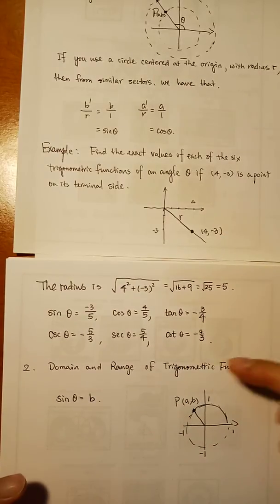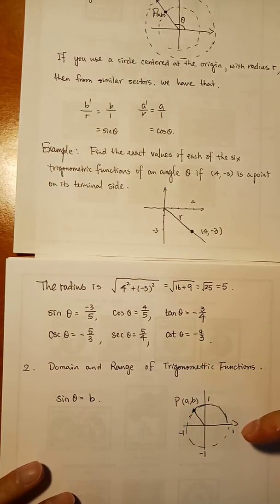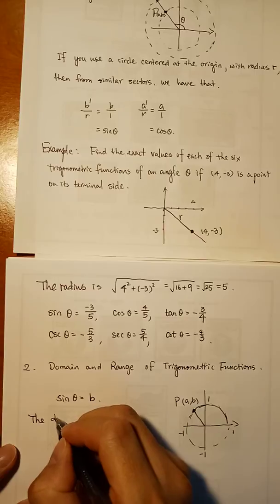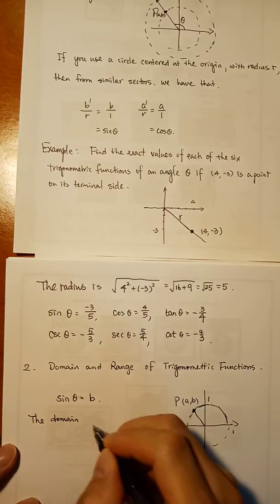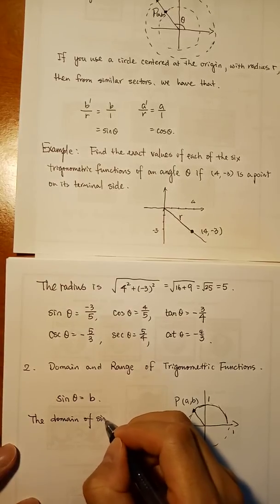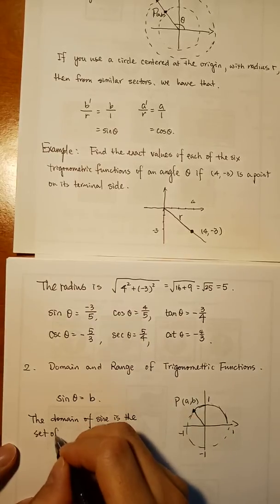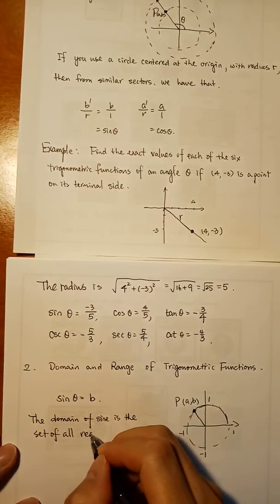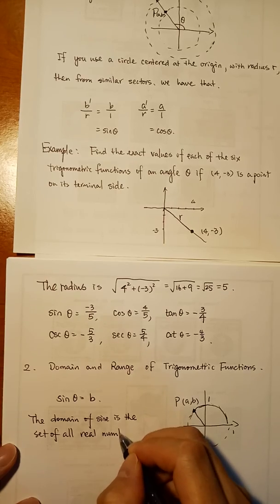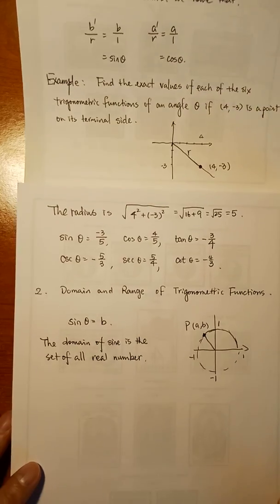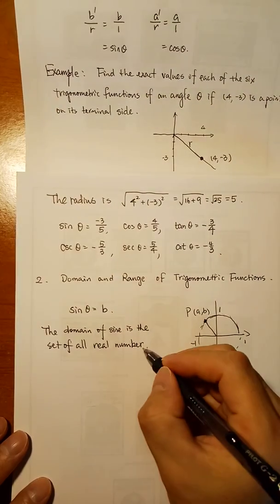Every point has a b coordinate, a y coordinate. So its domain is the set of all real numbers. Okay, so the domain of a sine function is the set of all real numbers.